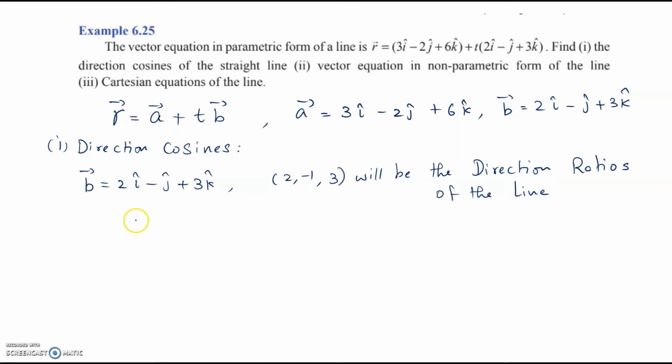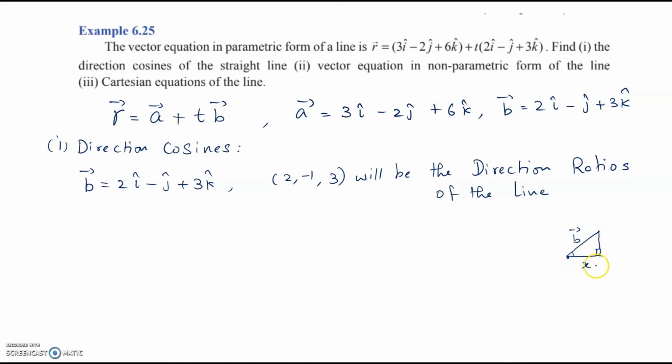So next, to find the direction cosines, these are the direction ratios. If this is my x-axis, this is the point of origin, and this is my vector r. Since b is parallel to r, let's take the vector b here and consider this as a right angle triangle.